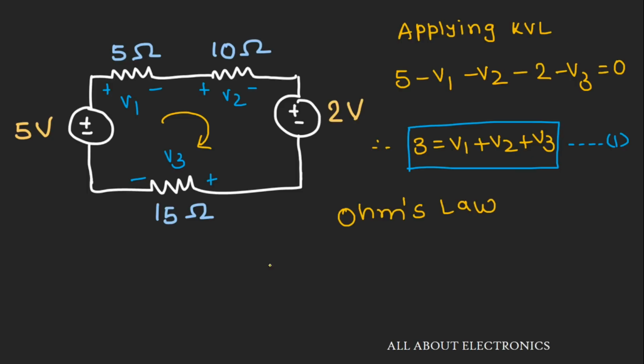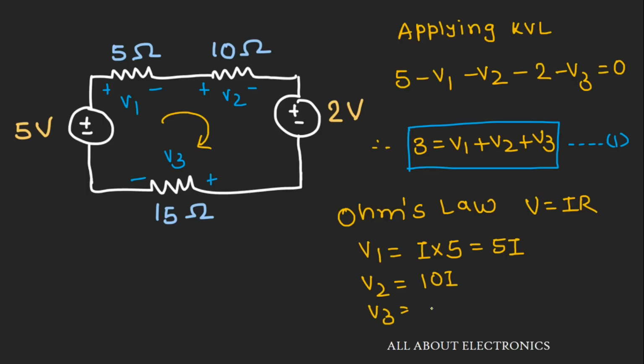According to Ohm's law, we know that V can be written as I into R. So we can write V1 as I into 5, that is 5I. Likewise, we can write V2 as 10I and V3 as 15I.